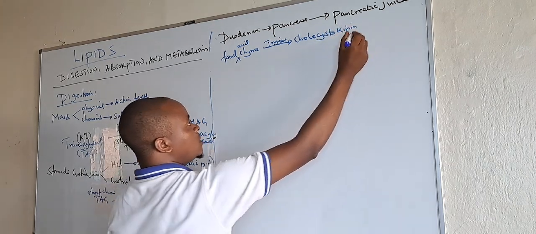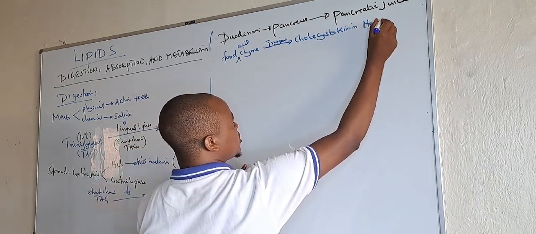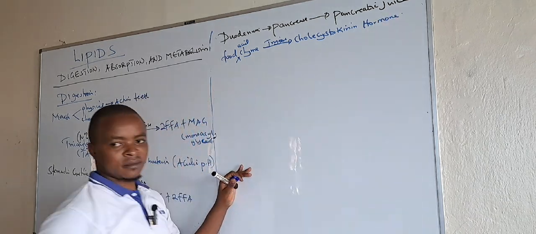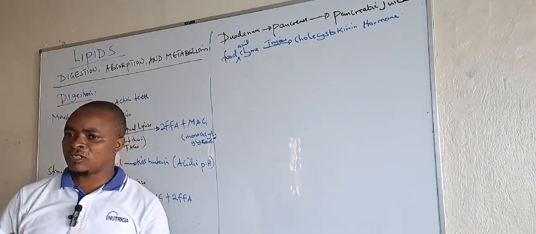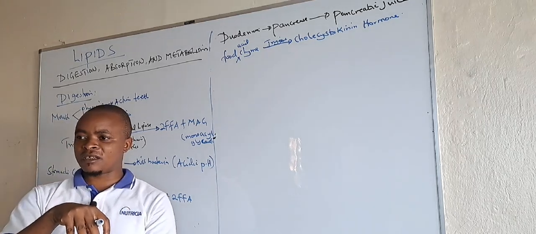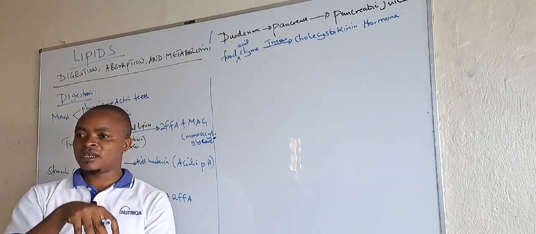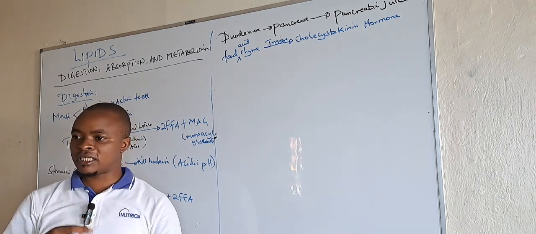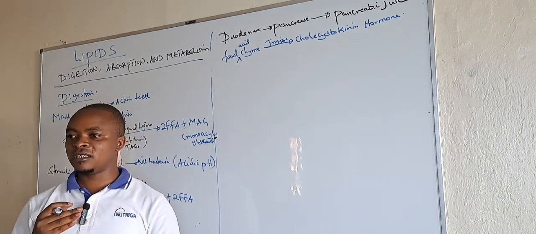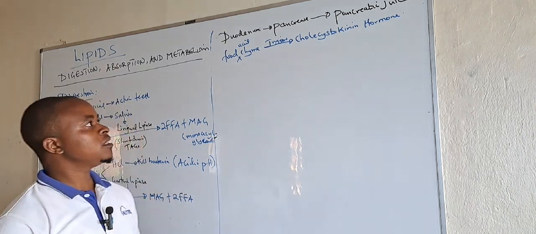This cholecystokinin hormone does two roles. The acidic food chyme is detected in the duodenum, where we have what we call CCK cells, which release cholecystokinin hormone, which does two roles in digestion.